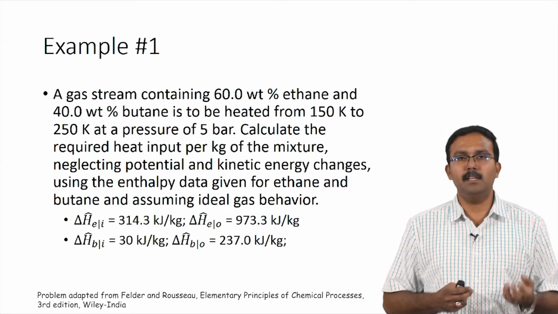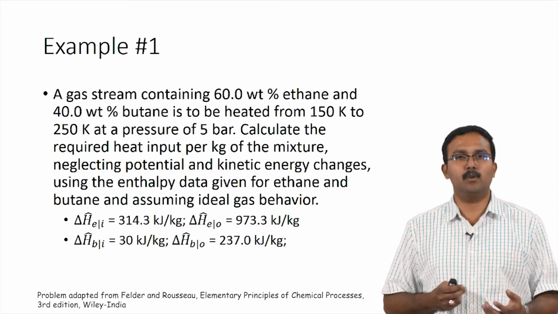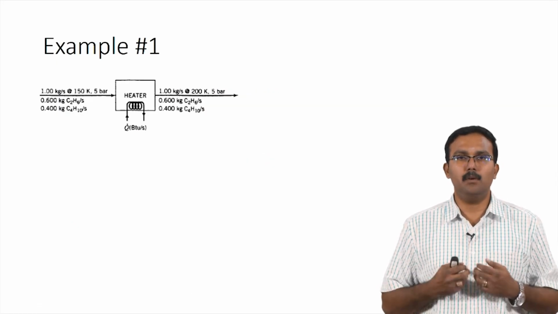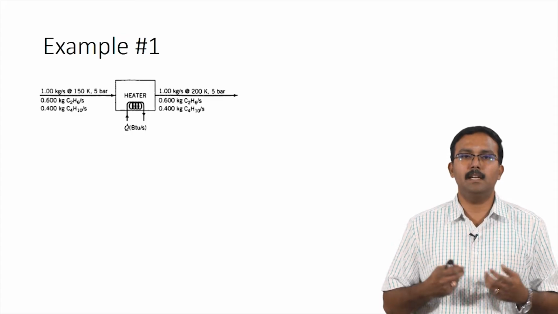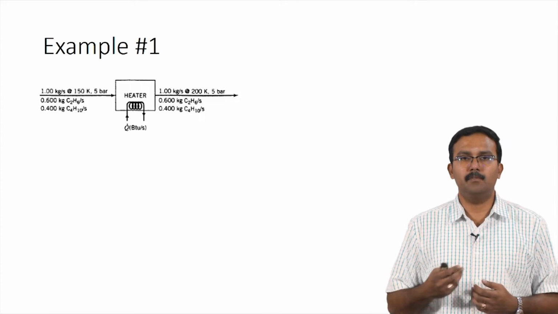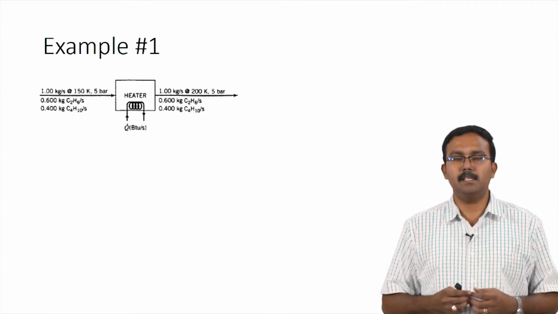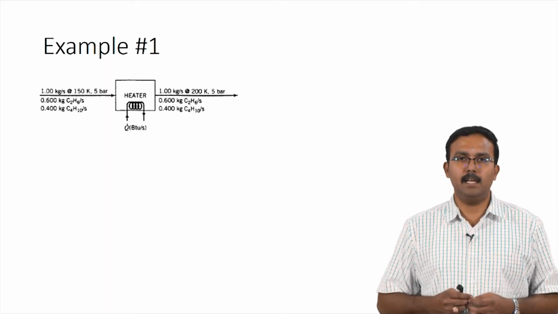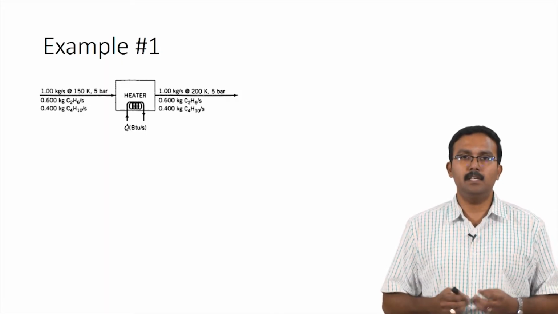So, we have been given the specific enthalpy details for ethane under inlet conditions and outlet conditions and butane under inlet and outlet conditions. Using this, we have been asked to calculate the amount of heat that needs to be fed to the system per kilogram of the mixture. For performing this calculation, we have also been told to ignore kinetic and potential energies.